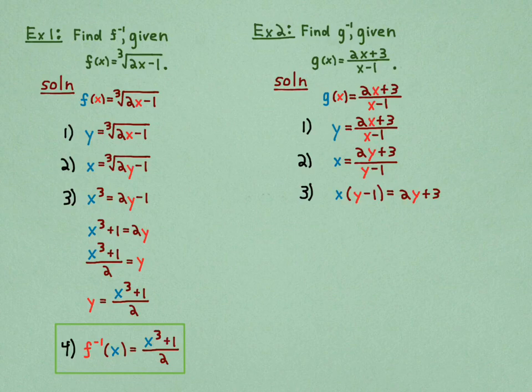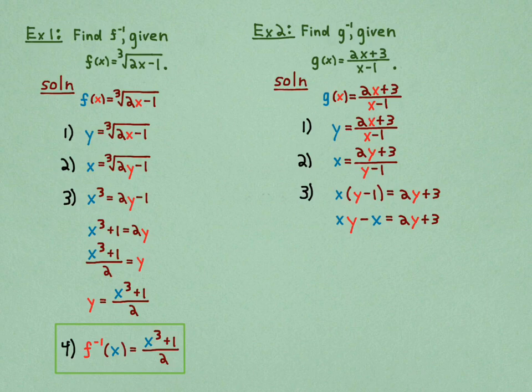Now you have two different y's and you're trying to solve for y. So you need to multiply the left side out, put the y terms on one side of the equation and the constant or x terms on the other, and then divide out the coefficient of y. So in other words, just solve for y.